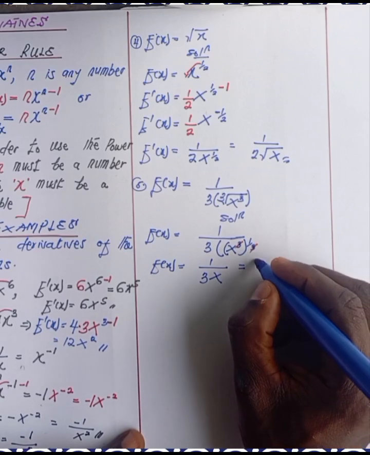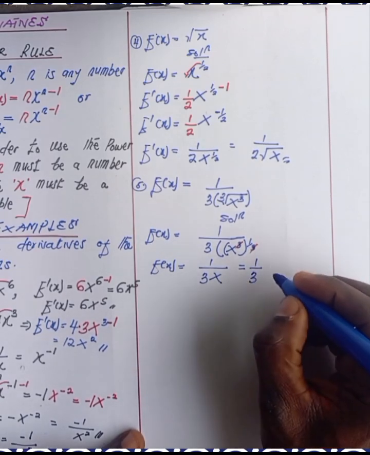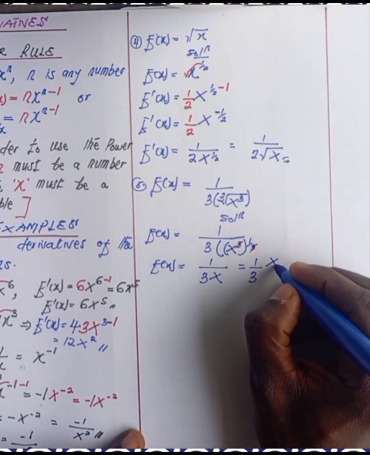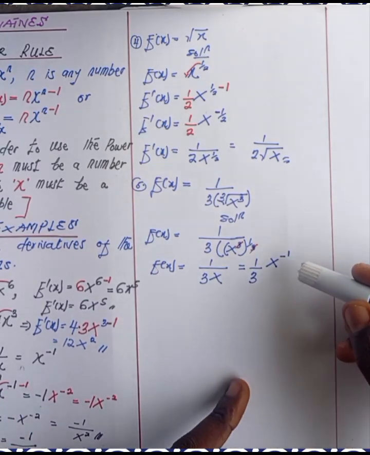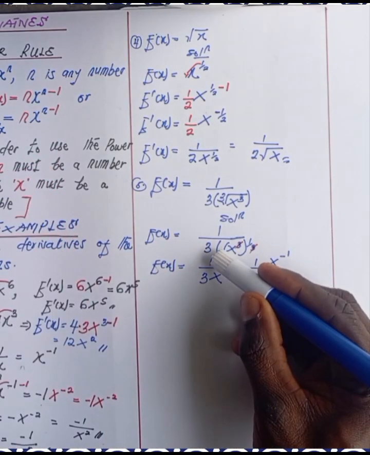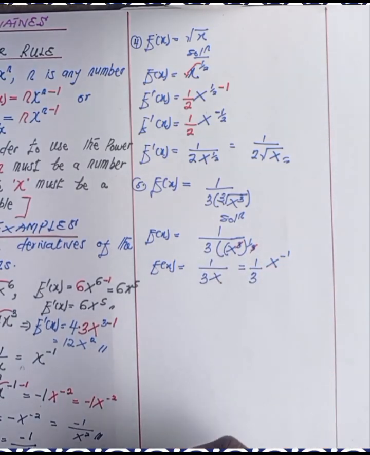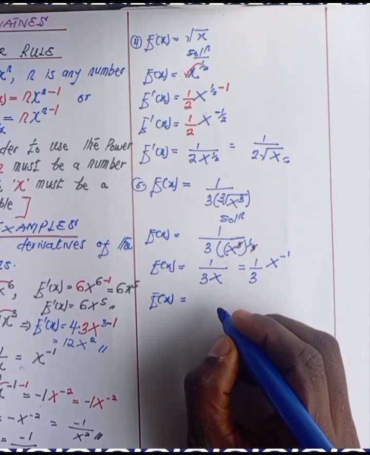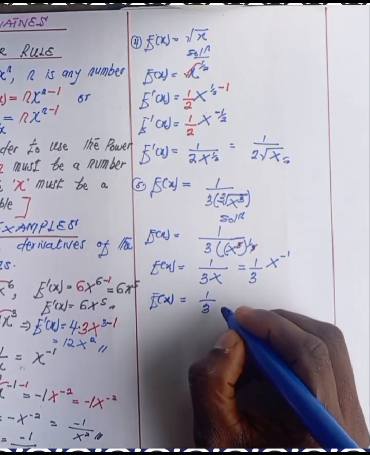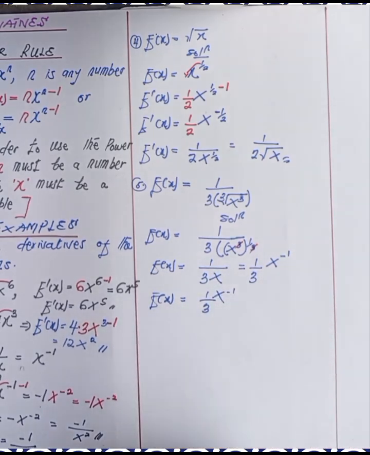So we are going to get 1 over 3 and then x exponent negative 1, because we know that x exponent negative 1 is the same as 1 over x. Good. Now that we have the function f of x equal to 1 over 3 x exponent negative 1, we can apply the power rule.